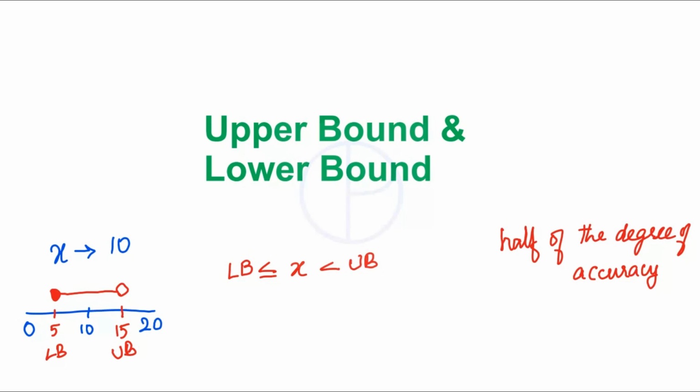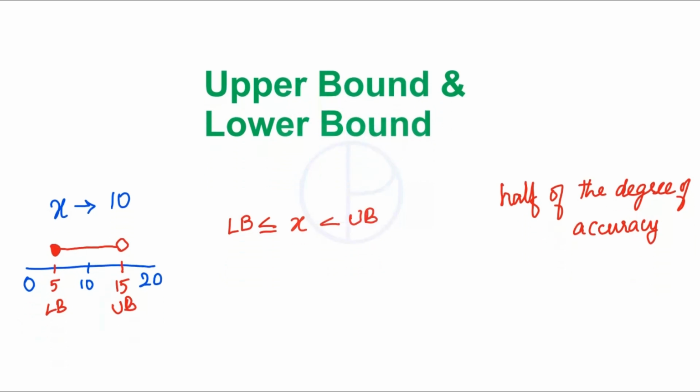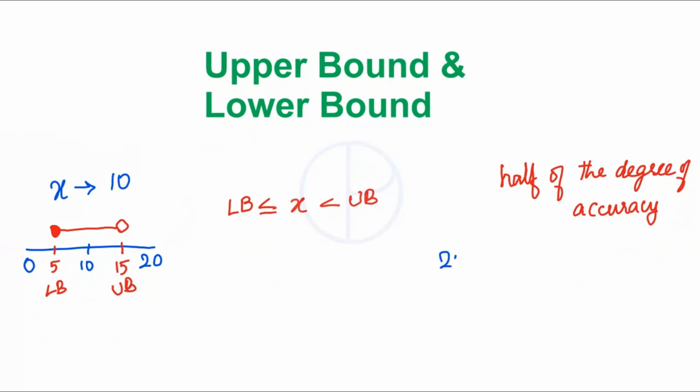For example, let's consider the number 20, which is rounded to the nearest 10. Half of the degree of accuracy is 10 divided by 2, which is 5.